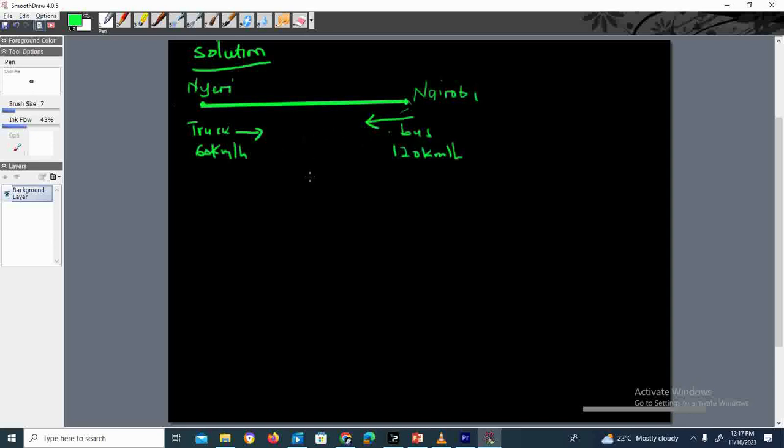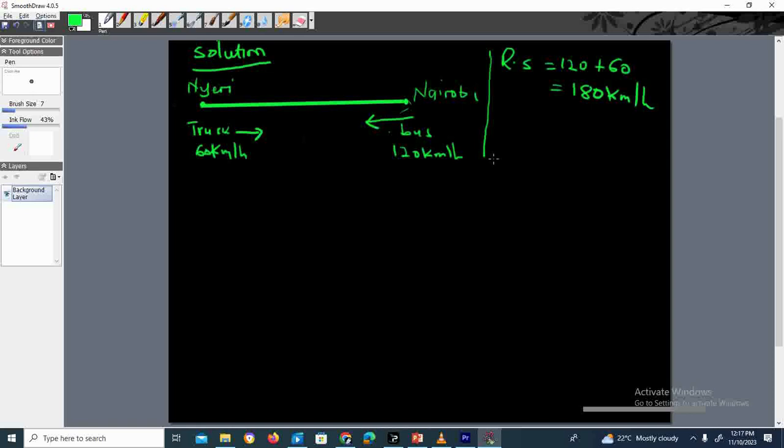So these two vehicles are moving in the opposite direction. They are approaching one another. So the relative speed for the two will be 120 plus 60, it will be 180 kilometers per hour. That will be the relative speed.